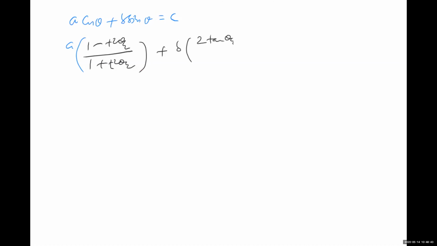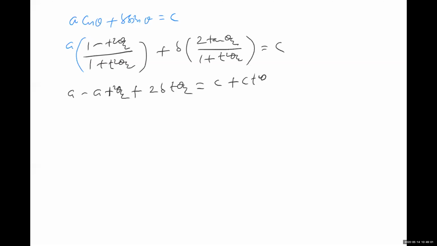A cos theta plus B sin theta is equal to C. So A cos theta, what is the formula in tan form? A times (1 minus tan square theta by 2) upon (1 plus tan square theta by 2), plus B times 2 tan theta by 2 upon (1 plus tan square theta by 2), is equal to C. So you will write here A minus A tan square theta by 2 plus 2B tan theta by 2 is equal to C plus C tan square theta by 2.